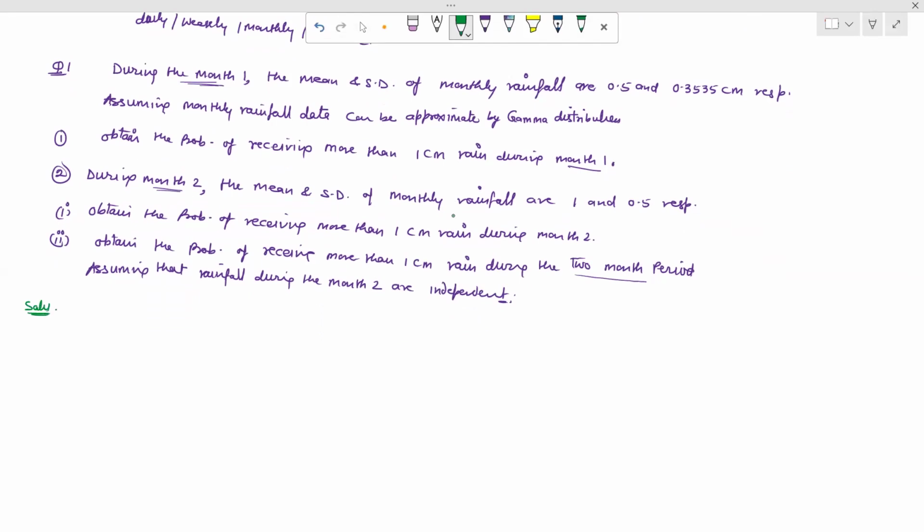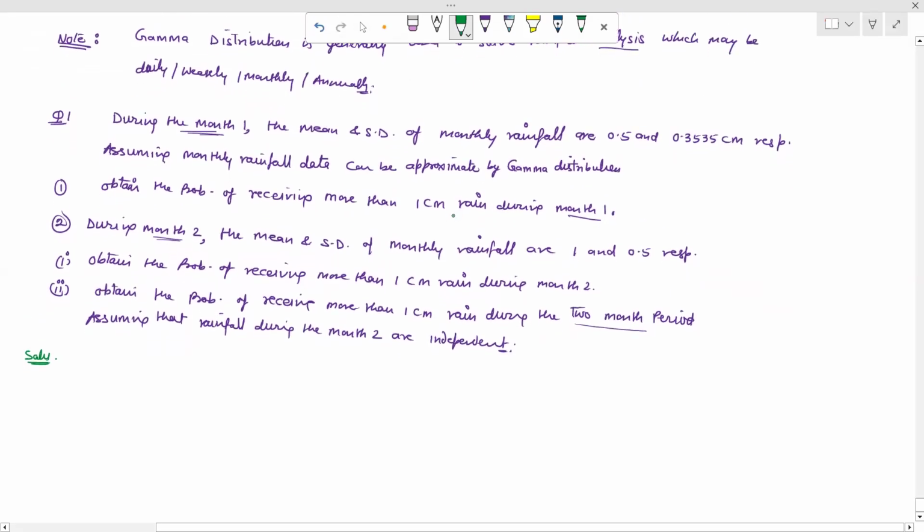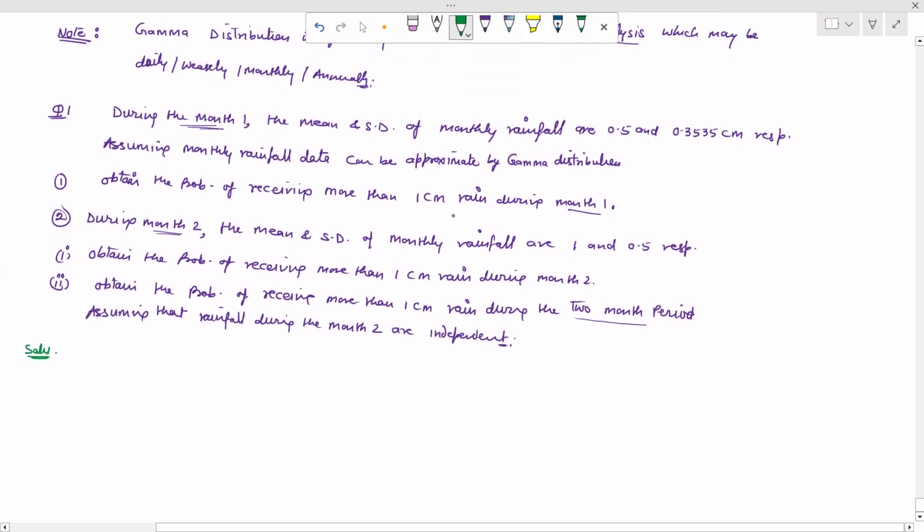The mean and standard deviation of monthly rainfall are 0.5 and 0.3535 respectively, given.